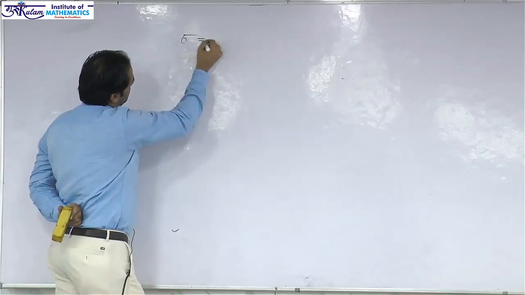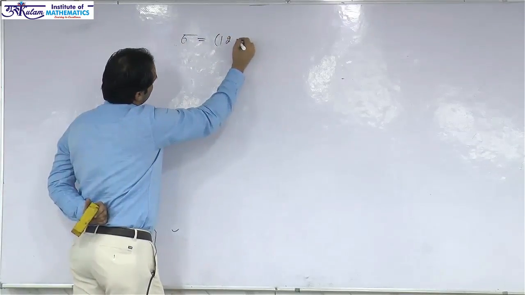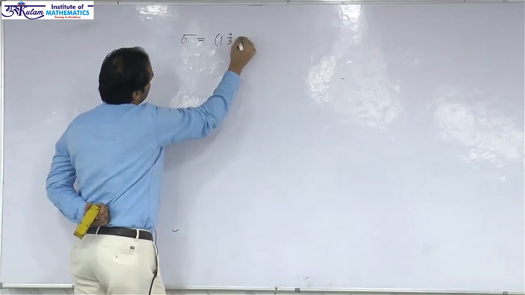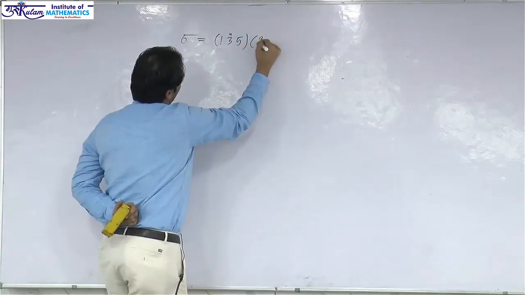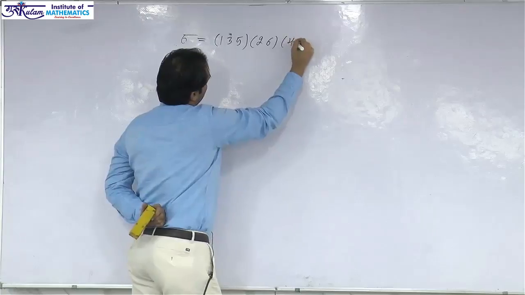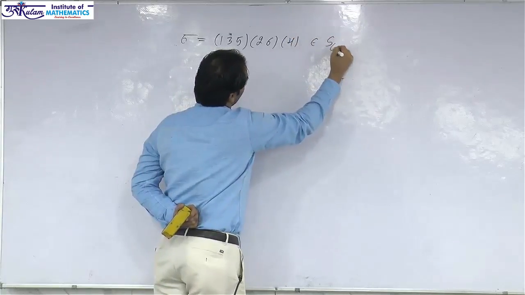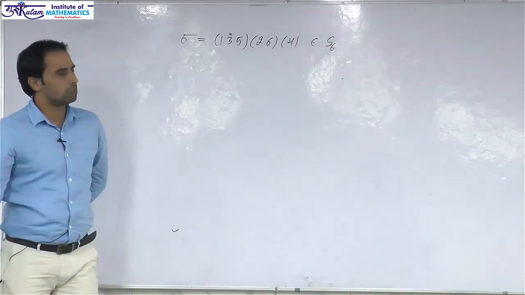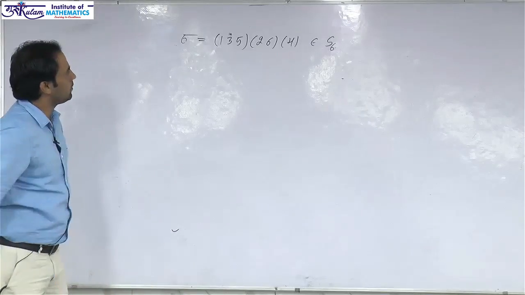Let sigma be the permutation 1, 3, 5, 2, 6 and 4 belonging to the permutation group S6 on 6 symbols. So take any random permutation.